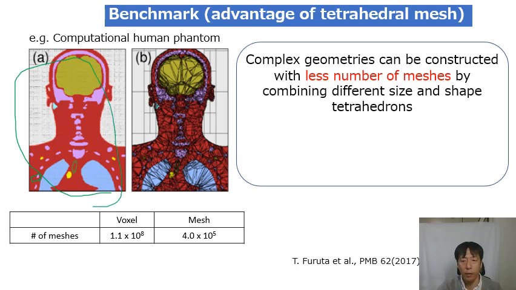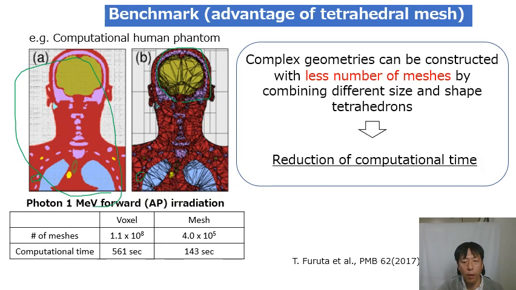On the other hand, for tetrahedral mesh, we can choose smaller mesh for smaller structure and larger mesh for larger structure. As a result, we can represent a dosimetrically equivalent phantom with a much smaller number of meshes using tetrahedral mesh.